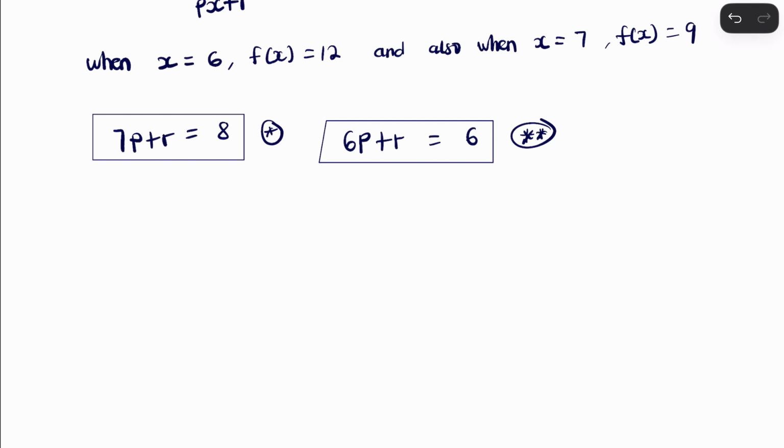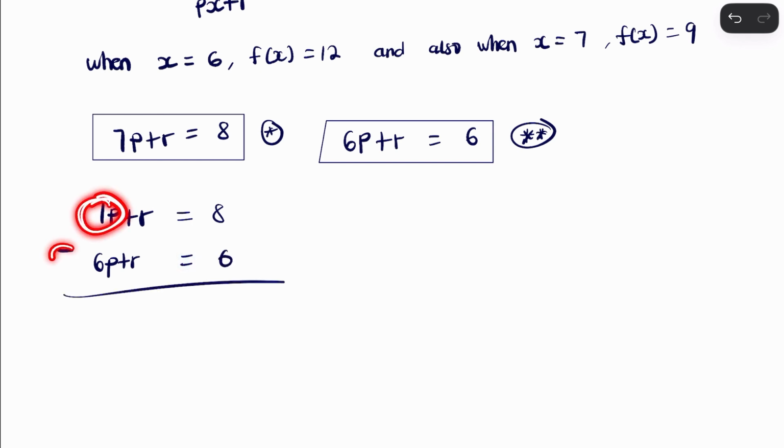We are going to have 7p plus r is equal to 8, then minus 6p plus r is equal to 6. Here we have 7p minus 6p, that's going to be 1p, of which we just write p. Then r minus r gives you 0. And 8 minus 6 gives you 2. And so here we have the value of p to be equal to 2.